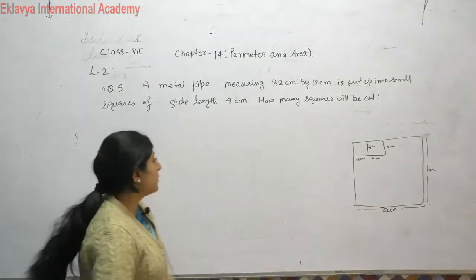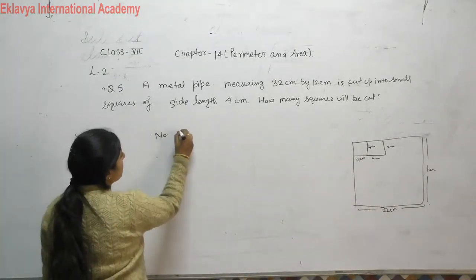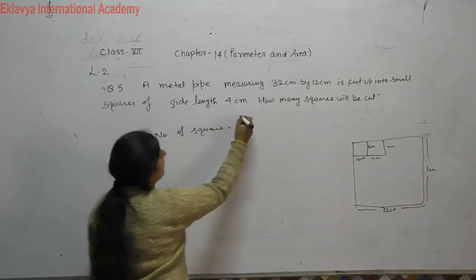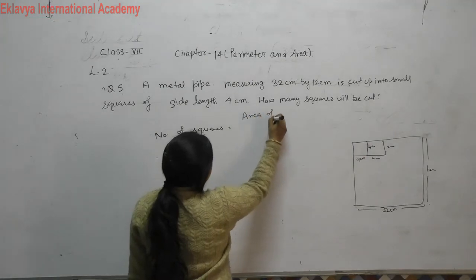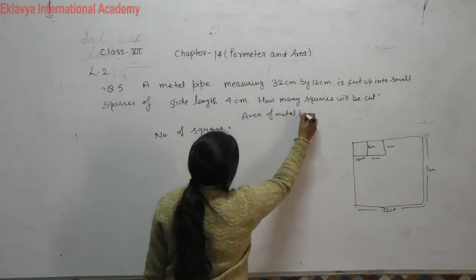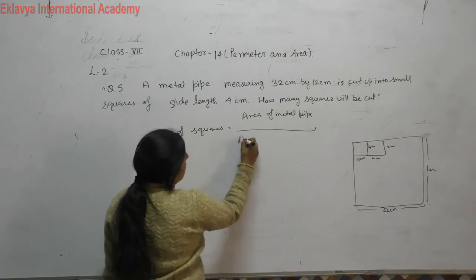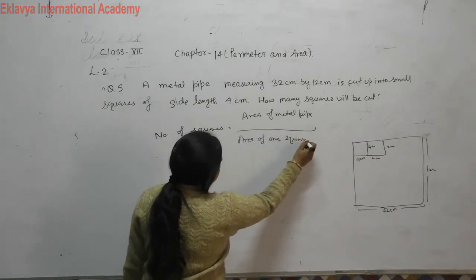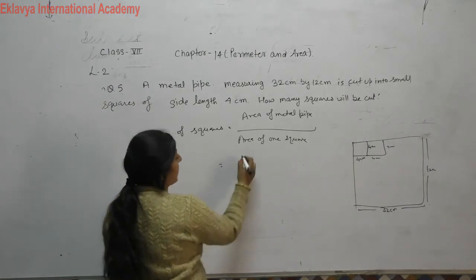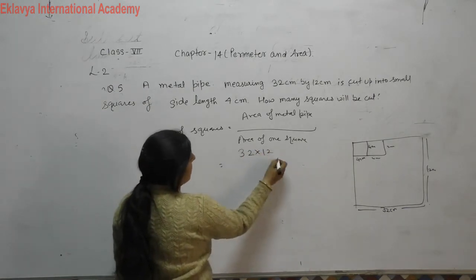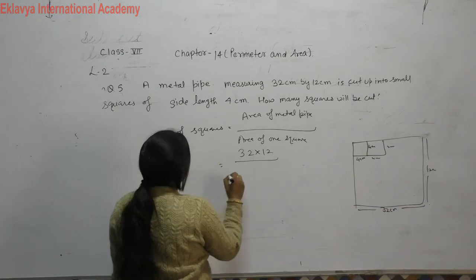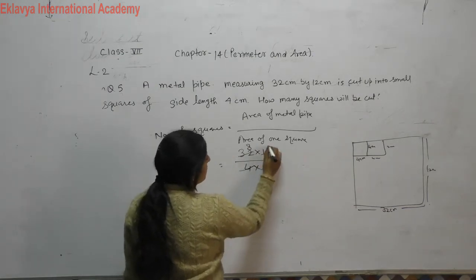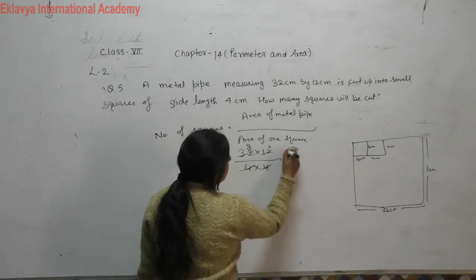So we can write down that number of squares is equal to area of metal pipe divided by area of one square. The area of metal pipe, this is in rectangular shape, it means length into breadth, area of square, side squared. 4 8s are 32, 4 3s are 12, then 8 3s are 24.